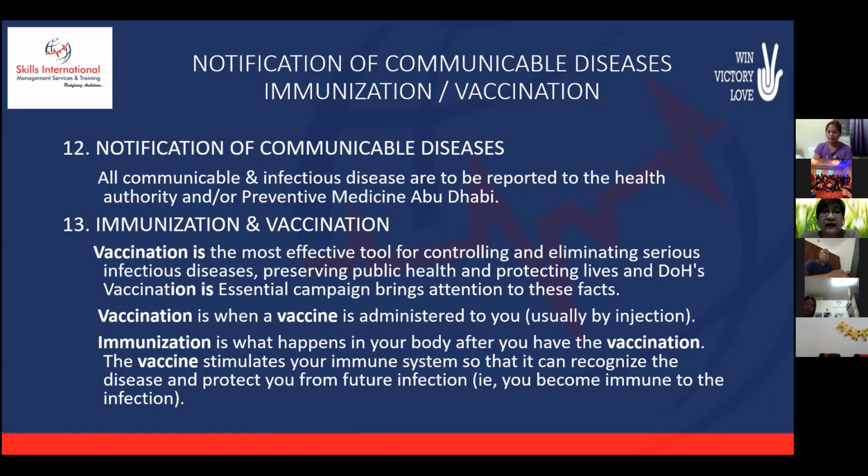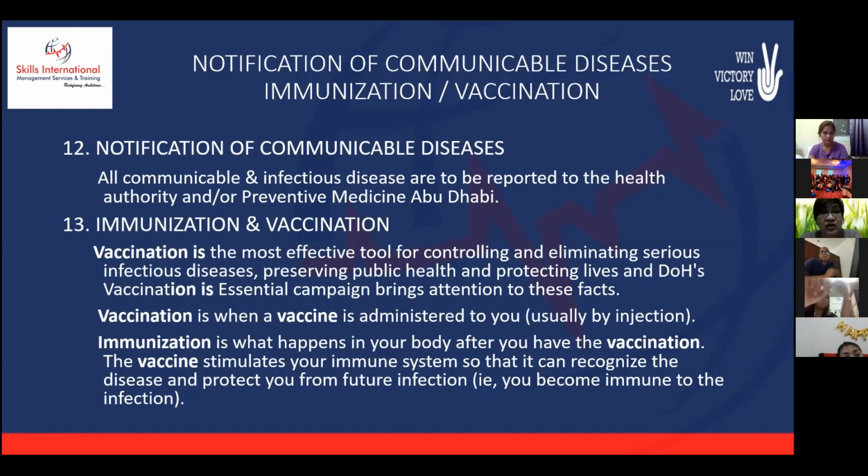Number 13 is immunization and vaccination. Vaccination is the most effective tool for controlling and eliminating serious infectious diseases, preserving public health and protecting lives, and Department of Health's vaccination is essential campaign that brings attention to the fact of immunization and vaccination. Vaccination is when a vaccine is administered to you, usually by injection.